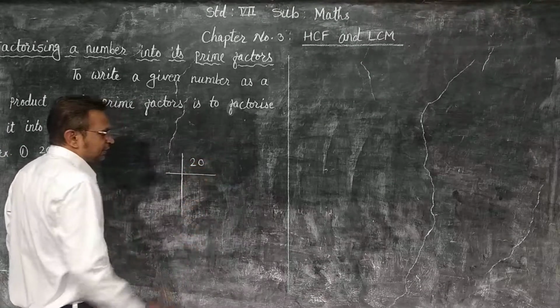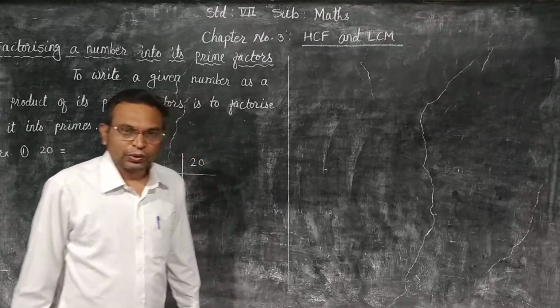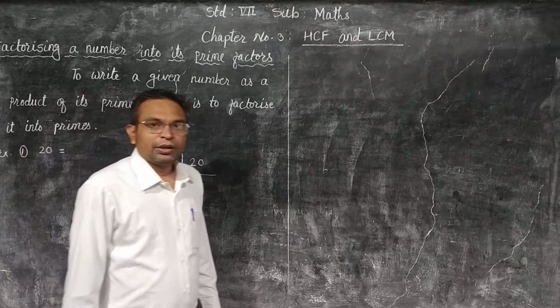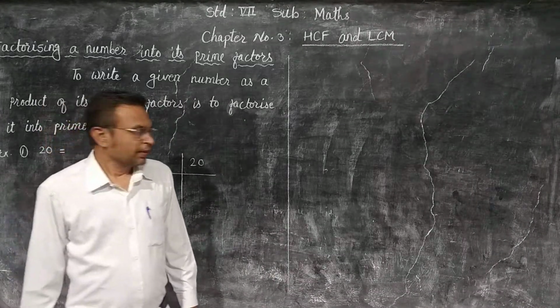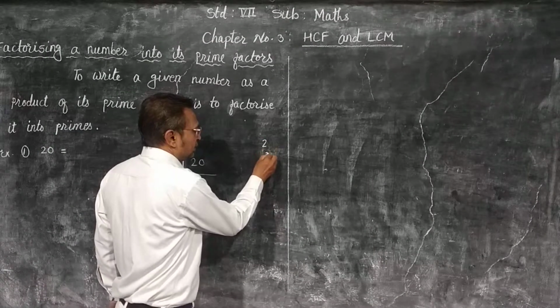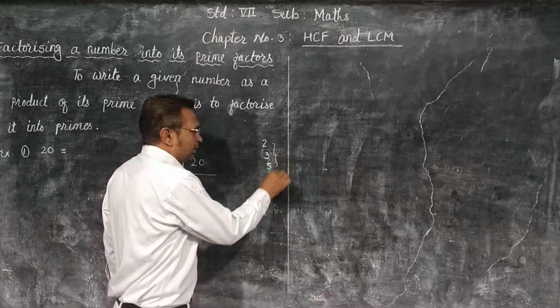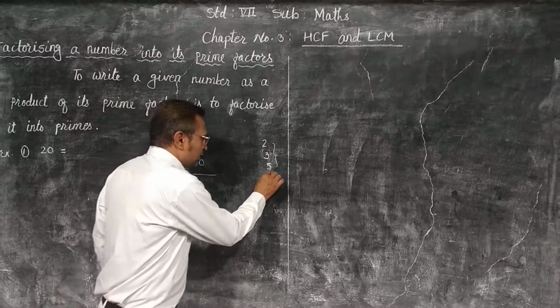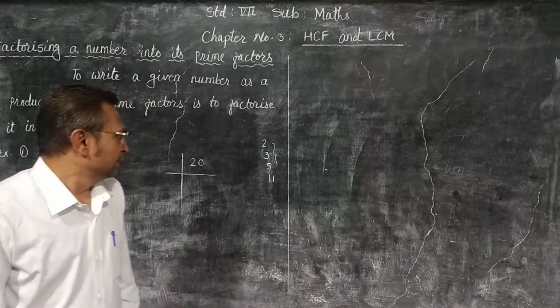For factorizing a number, we need the divisibility tests by 2, 3, 5, and like this, or 11. These tests you have learned in the last year.